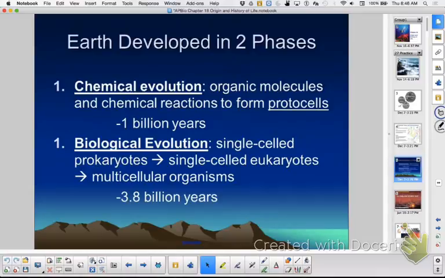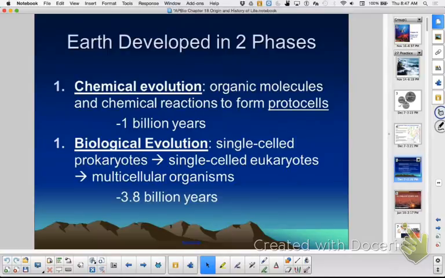We have to have the sugars in order to build the carbohydrates and the lipids, right? We have to have the carbohydrates and lipids and proteins in order to build even the outline of a cell. Okay, so we have to first build the organic molecules. We have to build the monomers before we can build the polymers, before we can build the cell. Okay, that's where we're going in chemical evolution.